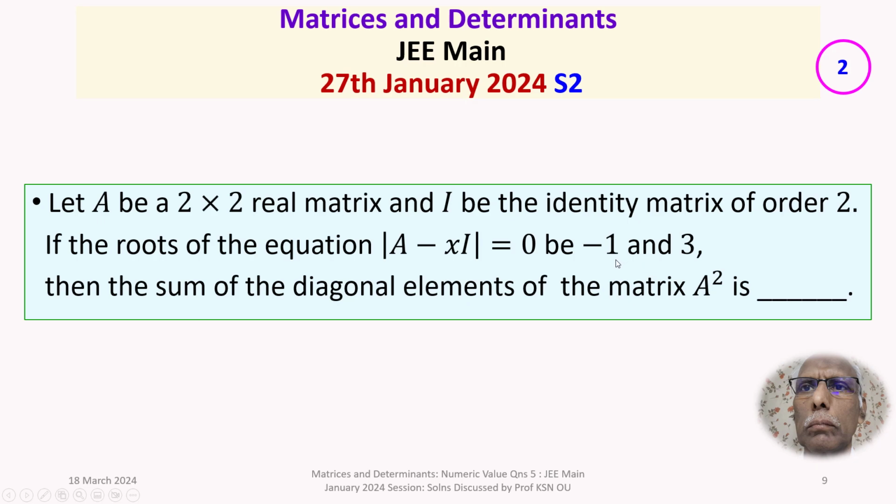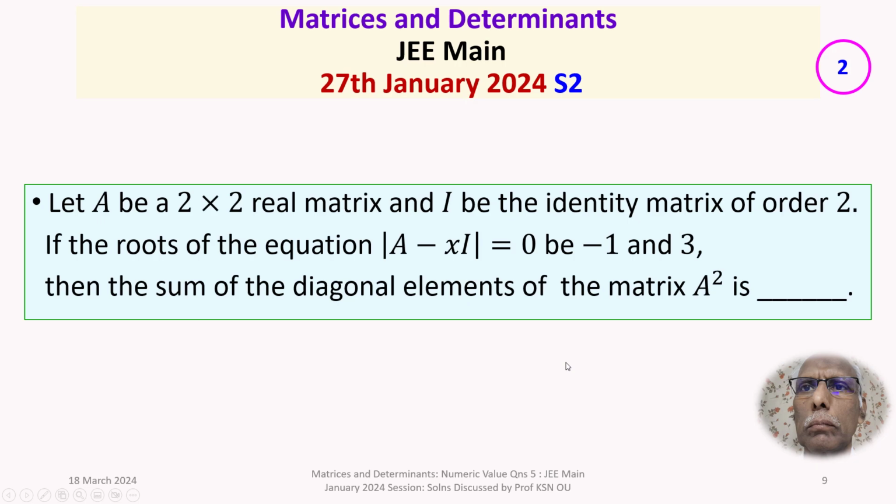Therefore, the eigenvalues of A square will be minus 1 square and 3 square. We want the sum of the diagonal elements of A square, so it will be minus 1 square plus 3 square, that is 1 plus 9, that is equal to 10. 10 is your answer. If you know these concepts, it's very easy.